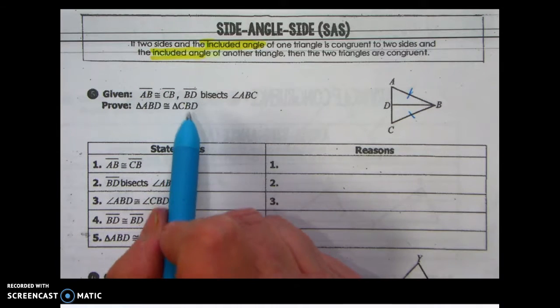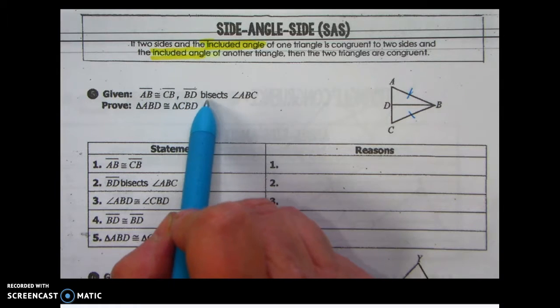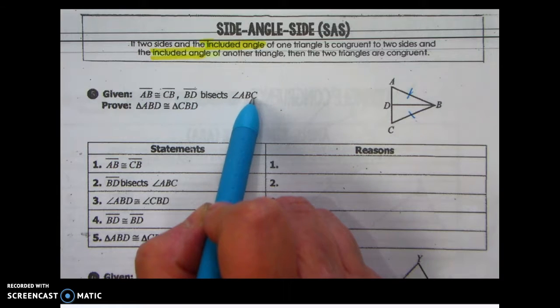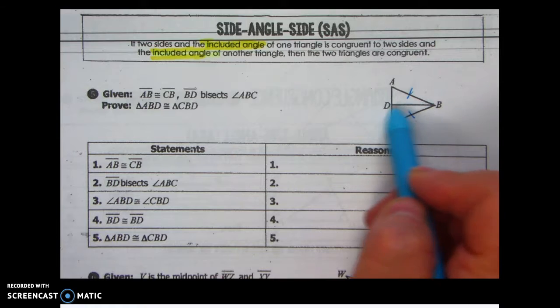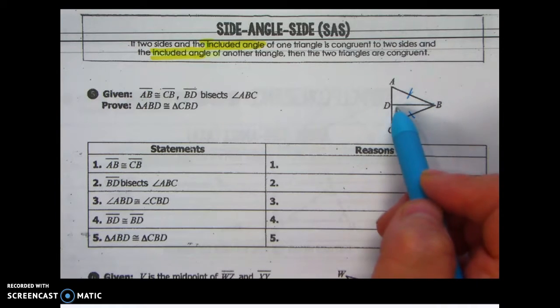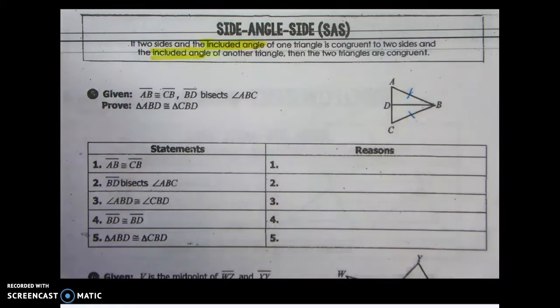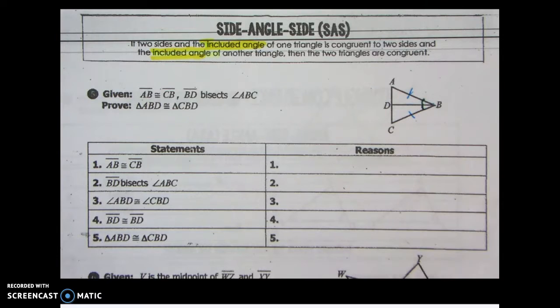Now we're looking at side BD bisects angle ABC. So here's BD. This is a bisector, so it divides this angle into two congruent parts, which means then that this angle is congruent to that one.